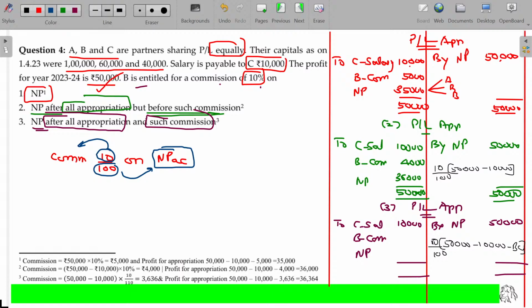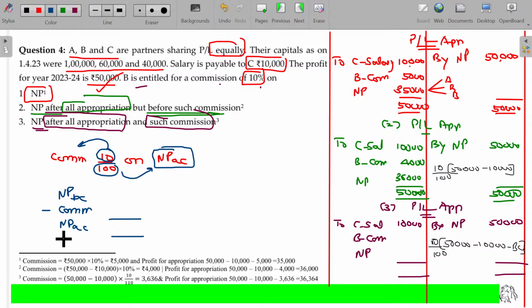Is that clear? So net profit before commission, subtract the commission, finally you will get the net profit after commission. Clear?